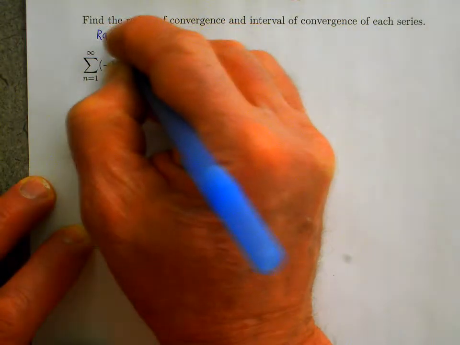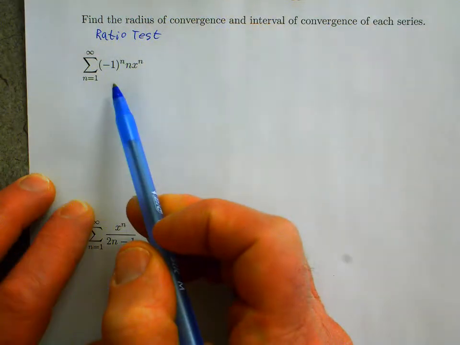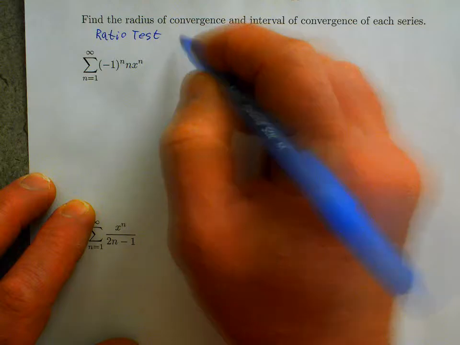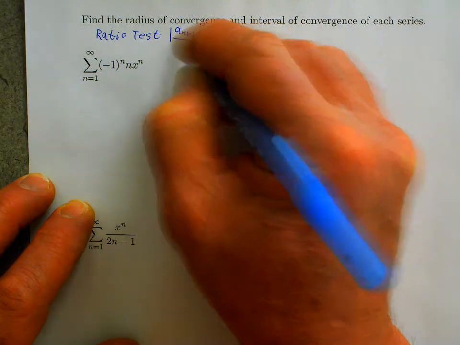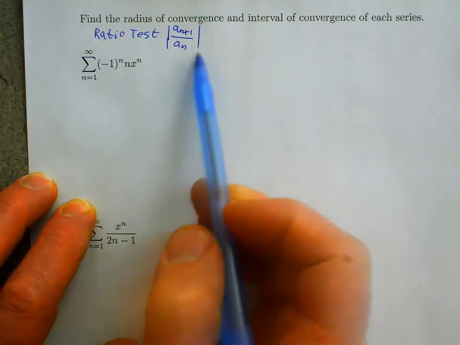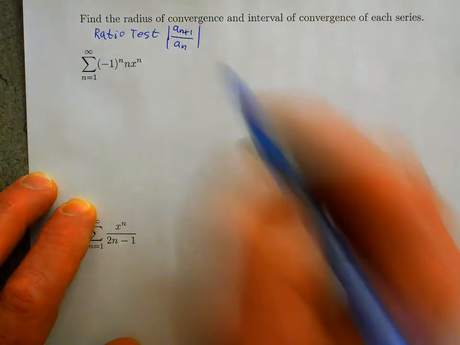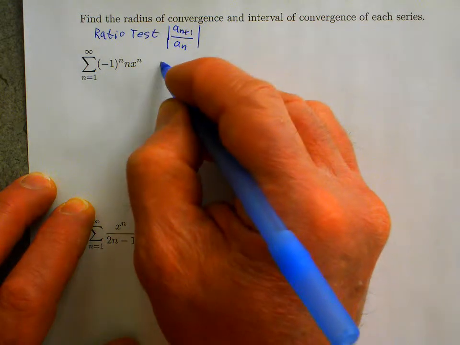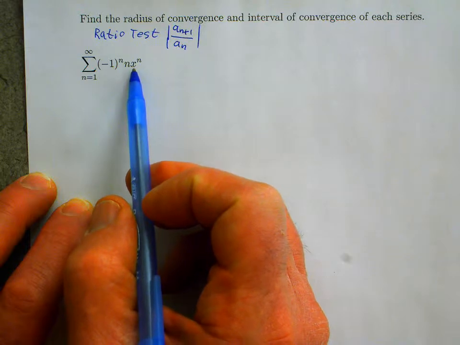So the ratio test, and we have the absolute value of a sub n plus 1 over a sub n. Since we're taking the absolute values, we can ignore the negative 1 to the n. But we will want to put absolute values around x because x could possibly be positive or negative.